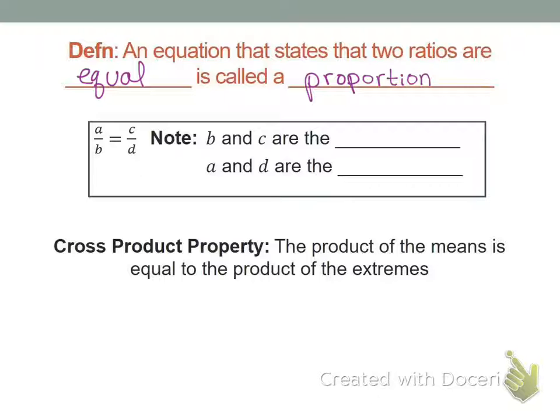So A, B, C, and D could be numbers, they could be expressions, they could be different variables. But in general, anything that's in the same position as B or C in this case are called the means. Anything that would be in the same position as A or D is called the extremes.